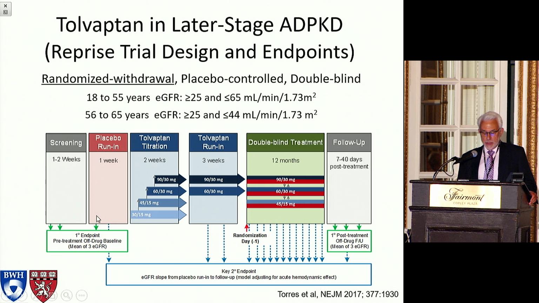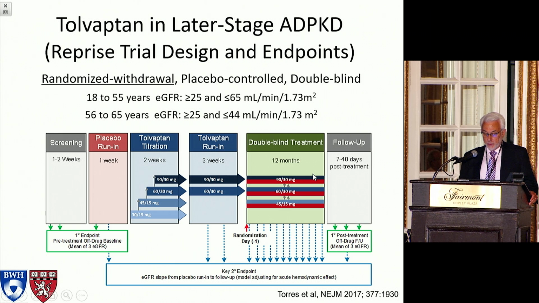It's called randomized withdrawal. So after screening and placebo run-in, everybody in the study was given tolvaptan. And you had to tolerate at least 60/30 or 90/30 for a 3-week period. Once you tolerated that, individuals were randomized. So some people continued on tolvaptan and some people were randomized to placebo.